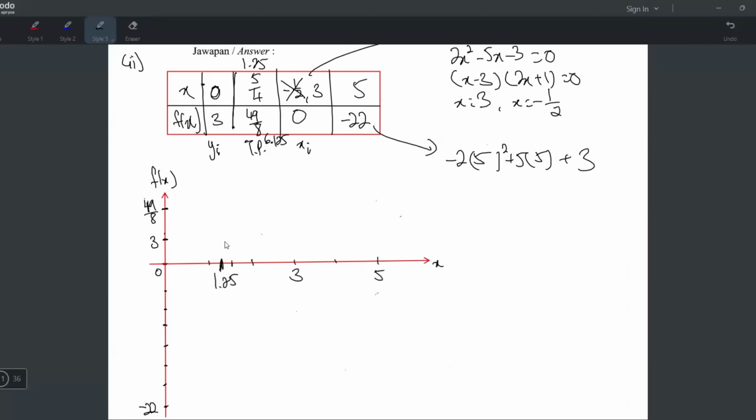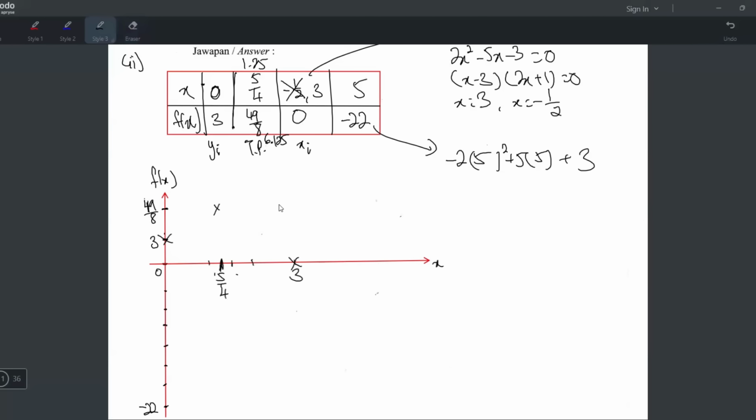All right. I will not write the rest of the numbers, because it'll be confusing and very messy if I write them. Okay, 0, 3 is here. 5/4, 49/8. I should write 5/4 here. It's better, right? And then 3, 0, that's the x-intercept here. 5, -22 is here. So as you can see, it's a quadratic curve. All right, I realized something.